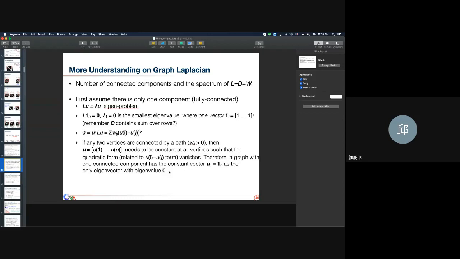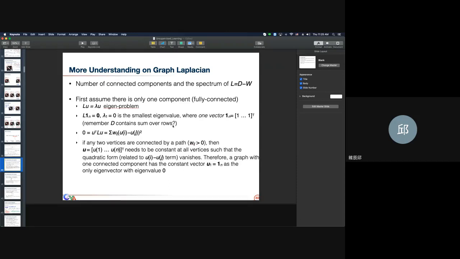Okay. So this description is trying to give you an idea. When we know that the L's smallest eigenvalue is equal to 0, then given this eigenvalue equal to 0, we try to check what the corresponding eigenvectors are, right?